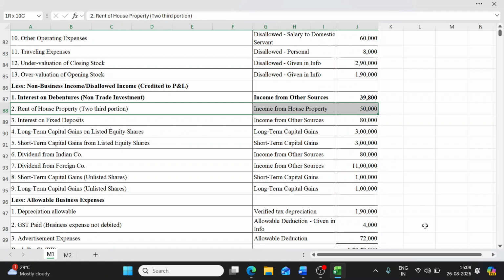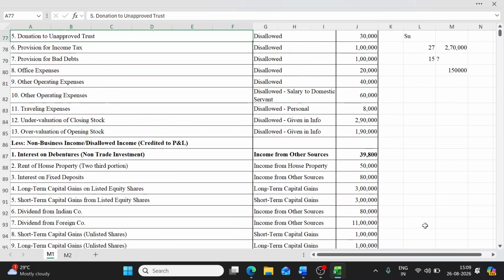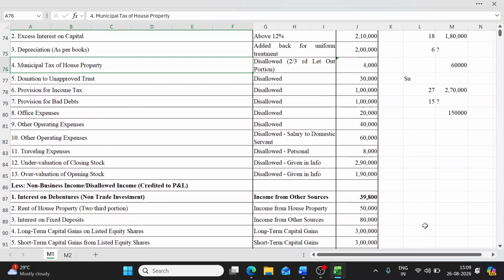The total municipal tax on the entire property is 6,000, out of which 4,000 we disallowed, because this 4,000 cannot be shown as a business expense, and we can easily relate it against the income from house property.